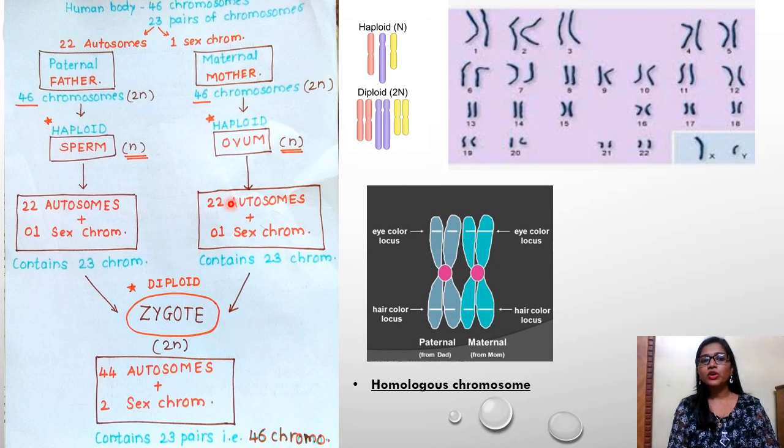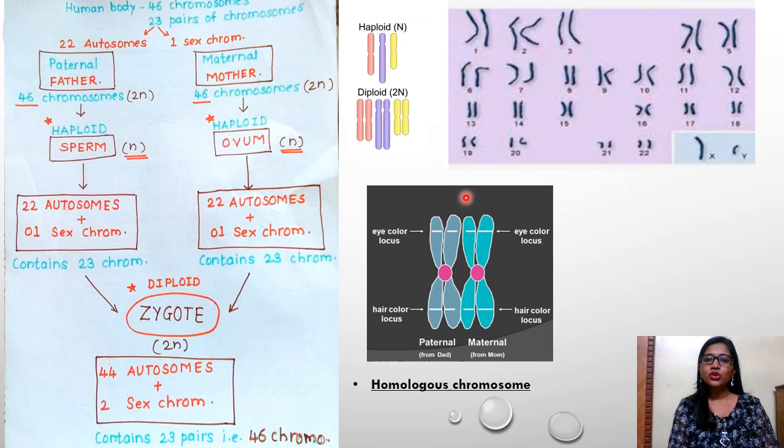Hope you understood that from a diploid cell, haploid gametes are formed, and when these haploid gametes fuse, they form a diploid zygote. Haploid cells always have n chromosomes, which are single, and in diploid cells the chromosomes are present in pairs.